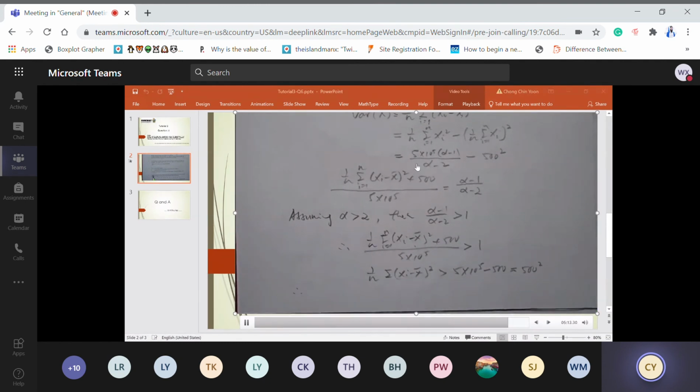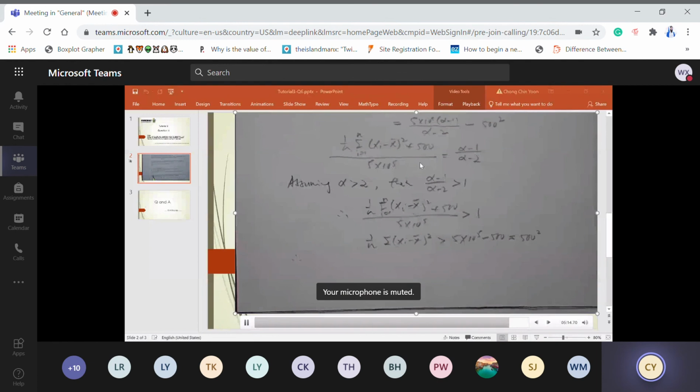So therefore, we can conclude that the empirical variance should take at least 500 square to fit a Pareto.